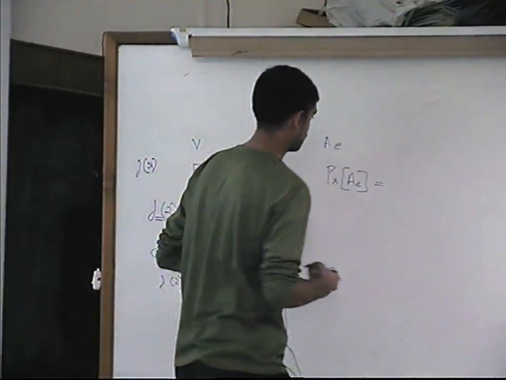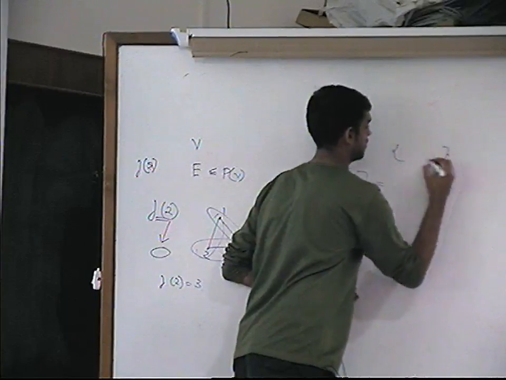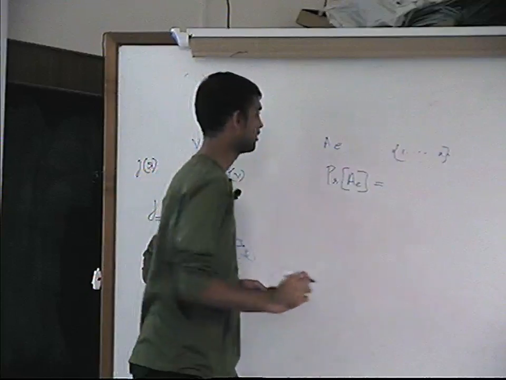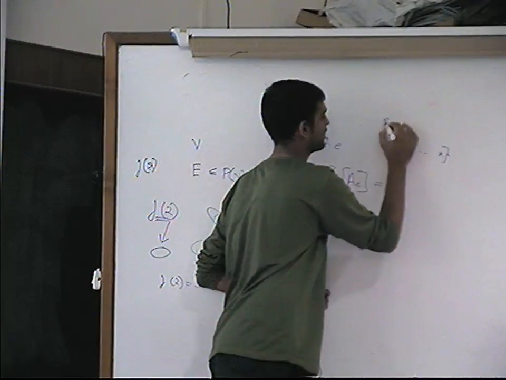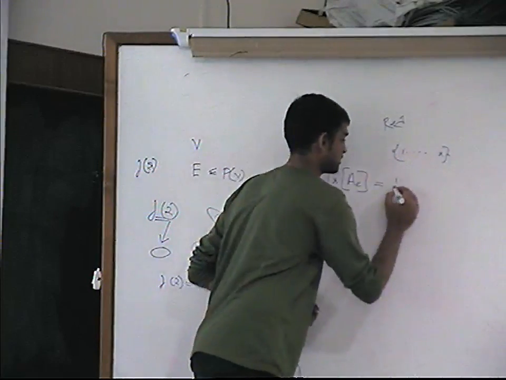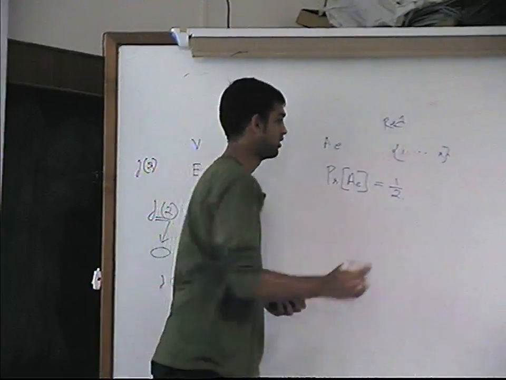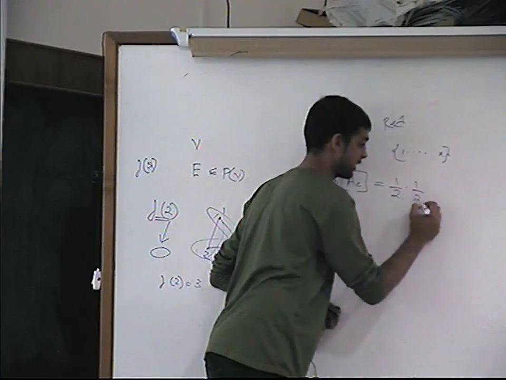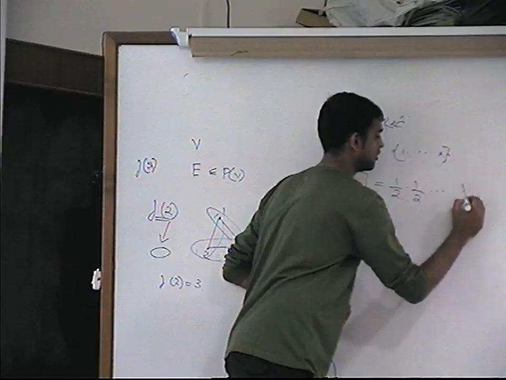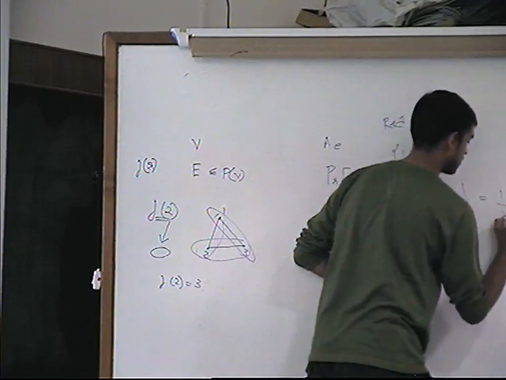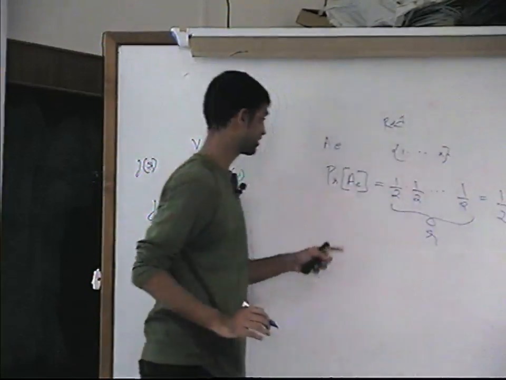Okay, so I look at an edge. It has R elements. What is the probability? Let us look at the color red, for example. What is the probability that this has the color red? It is half. Now what is the probability that the next one also has the color red? It is again half. So we go on. Yes, it's 1 by 2 power r. Is this the probability of A?